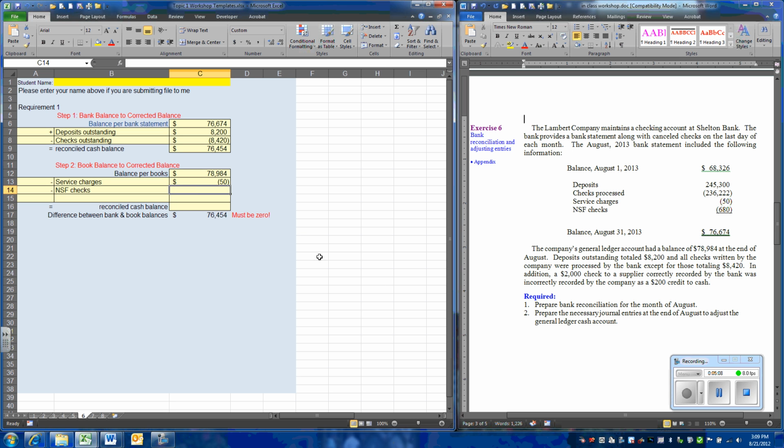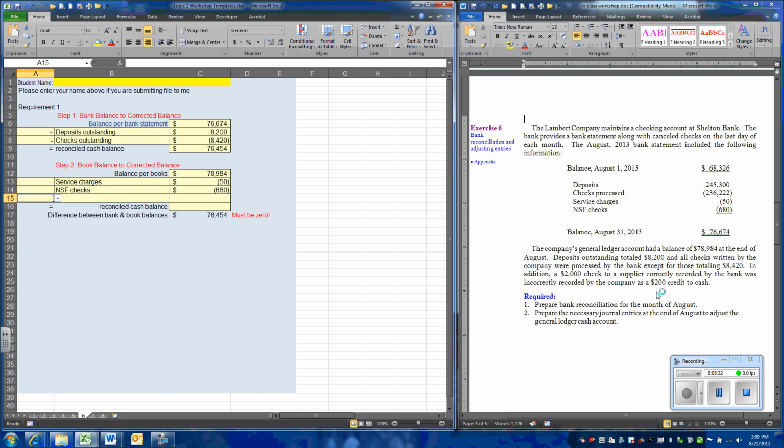NSF check. And then finally, the last deals with this error. The correct amount of the check was $2,000. Our accounting records show this as only $200. So we have a difference of $1,800.